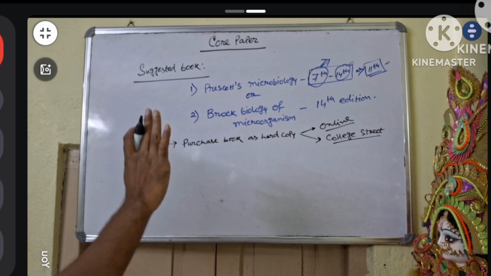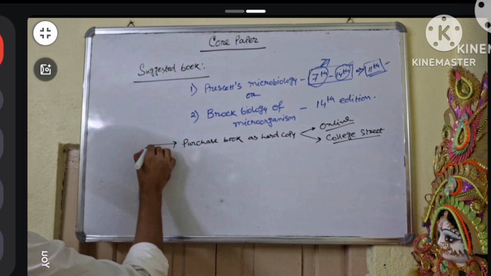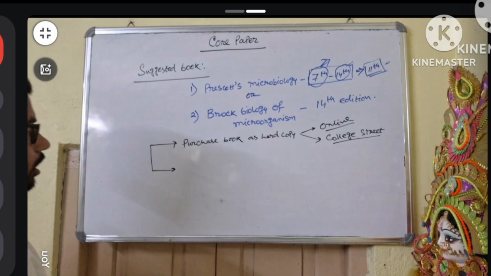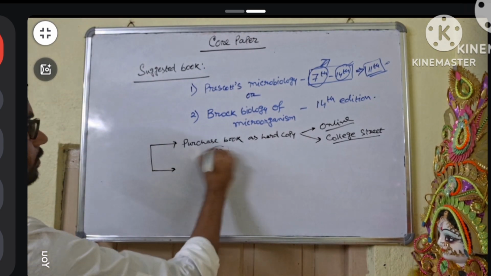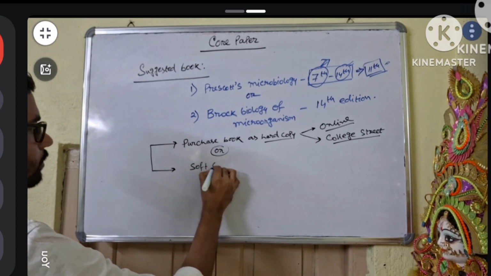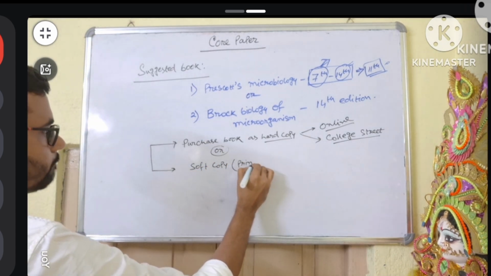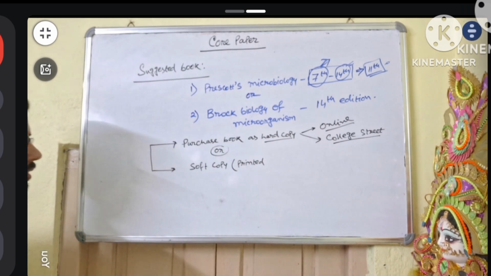Locally, these books are not available, but you can get them at College Street. Or a soft copy, a printed version, is also available.